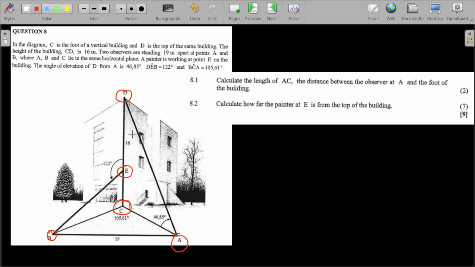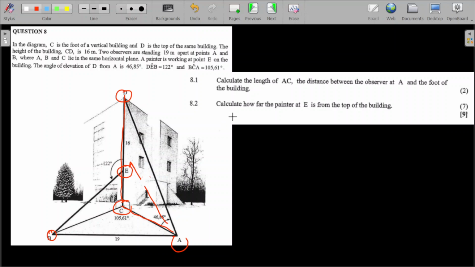For this one, we have the angle opposite the length CD, and we are looking for the adjacent side, which is AC. So we have the opposite side and the angle, so it's opposite over adjacent. You use the trig ratio in order to get to AC. Hopefully you're on the same page there.